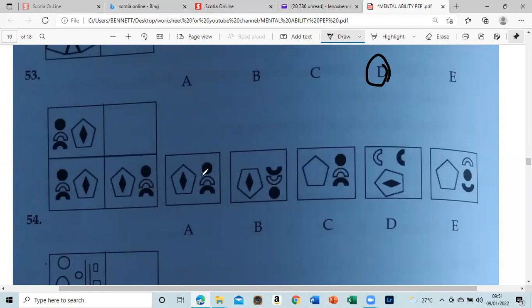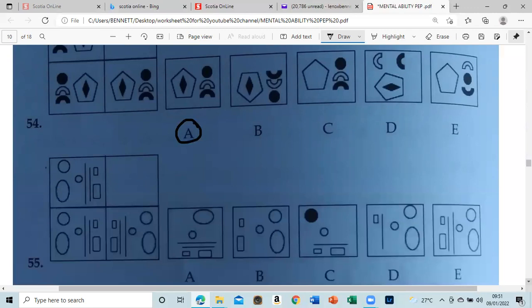The black matches with black, this matches with this, and this matches with that. Let's look at the others then. This one turns up, but it's supposed to turn down. These are different. Definitely the first one.